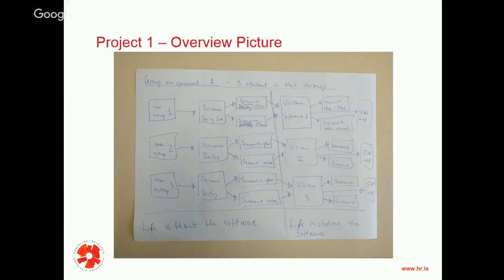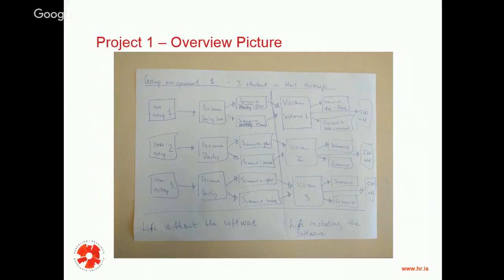And you make two scenarios for each persona, meaning that one scenario is very positive and the other one is when this persona has some problem. We will go through how a scenario looks in a moment. And then you are helping them.